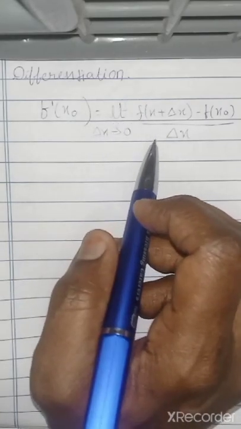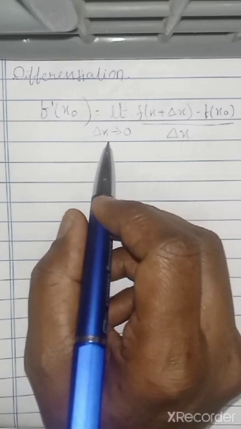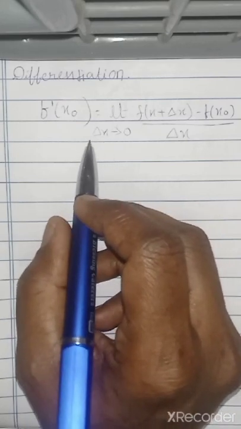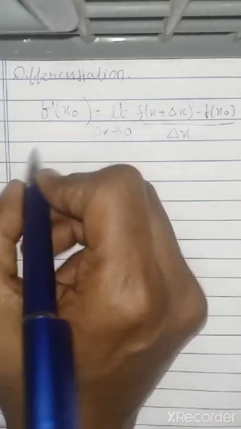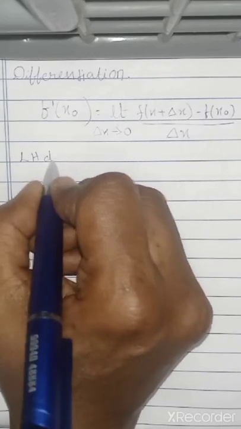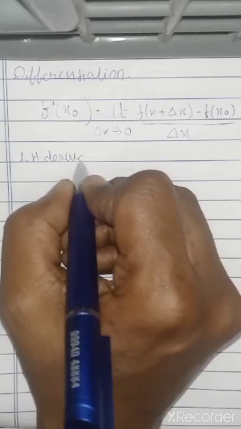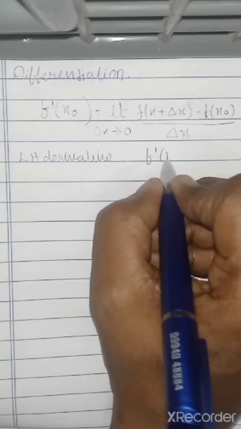Okay, and here also, like continuity at a point, there is a left hand derivative and a right hand derivative. So the left hand derivative, we can denote by f dash of x naught minus.